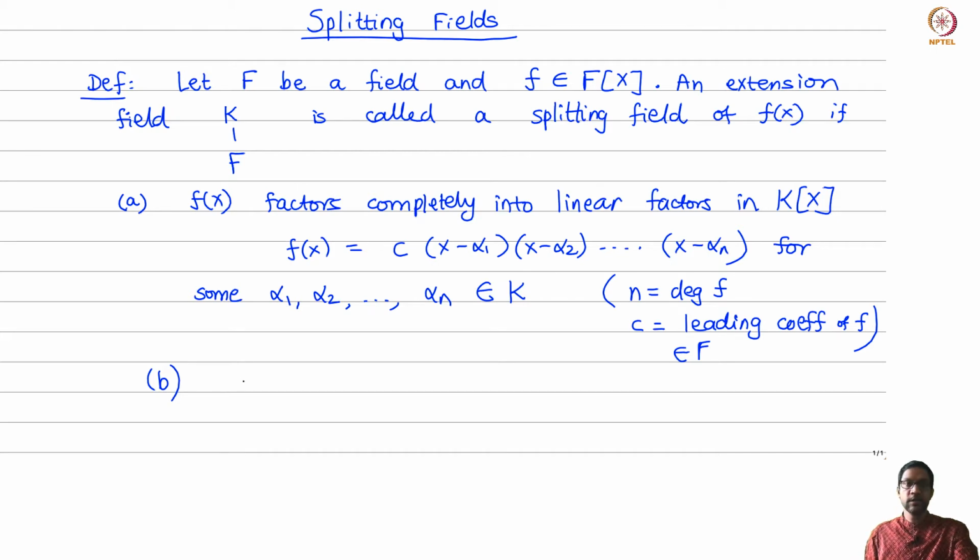Secondly, this property does not hold for any smaller subfield. Okay, so in some sense K is the smallest.